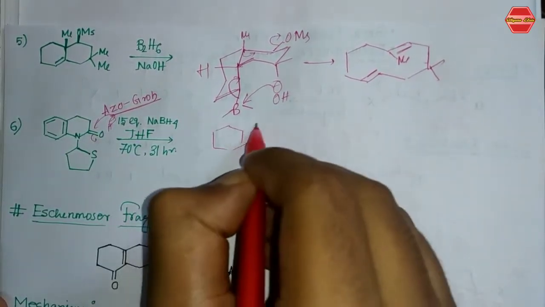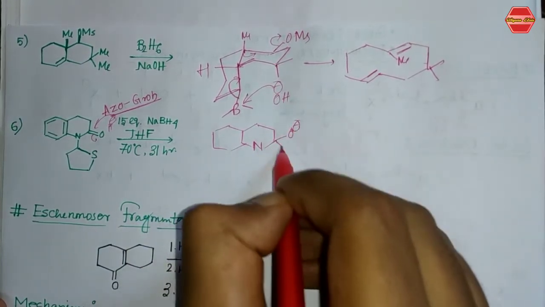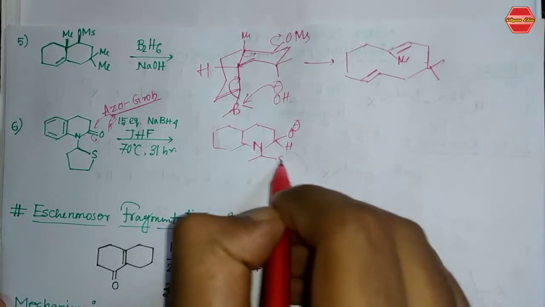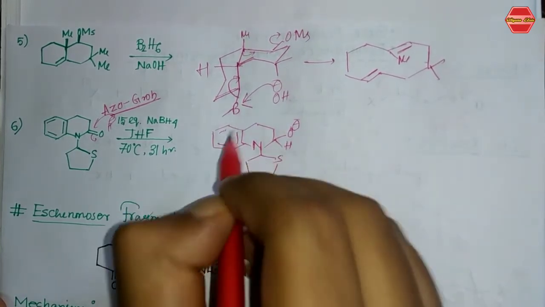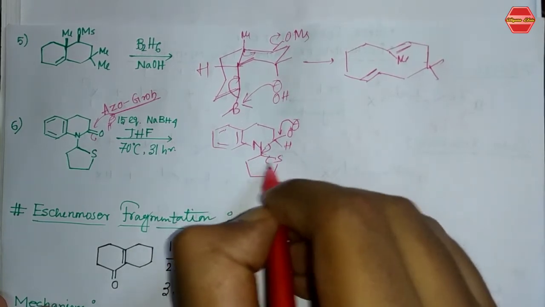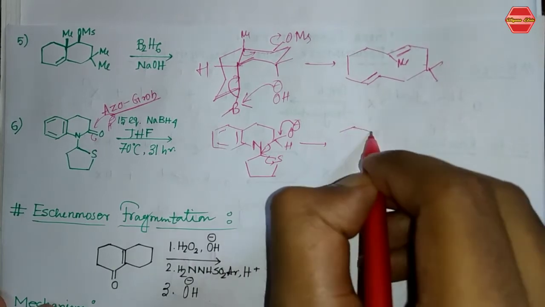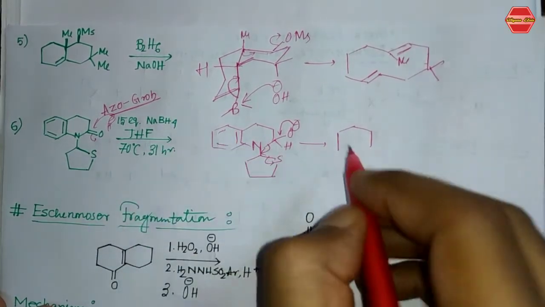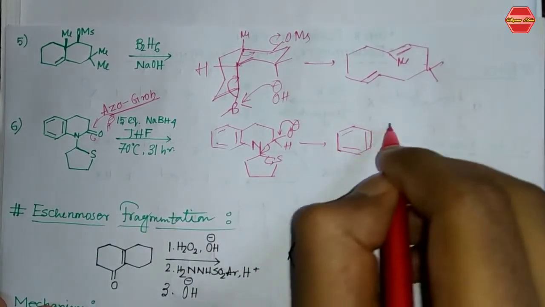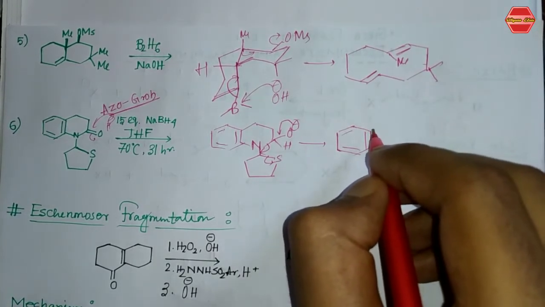So we are getting this O minus and H. This is how. Okay, now these bonds can go here, and it will go here, it will go like this. So that is how we get this type of fragmentation reaction by using only sodium borohydride. So that is why this reaction is called the Aza-Grob fragmentation.